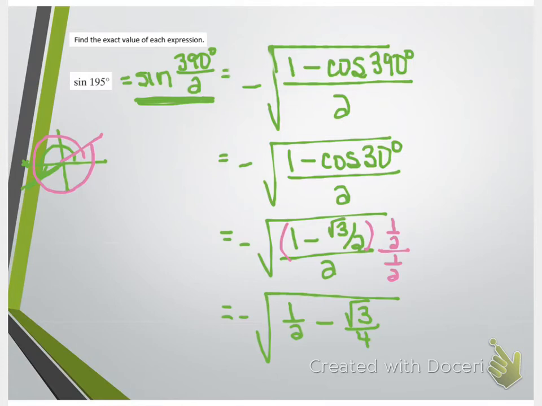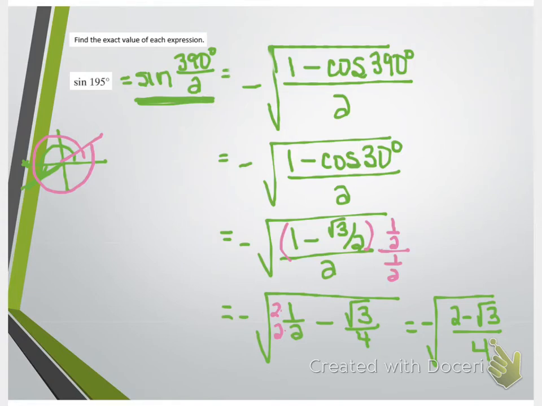Now what? Can I pull that together into one fraction? What about multiplying this by 2 over 2? I feel like I'm going in circles, but what I'm trying to do is make it look better. So this is the negative square root of 2 minus the root of 3, over 4.